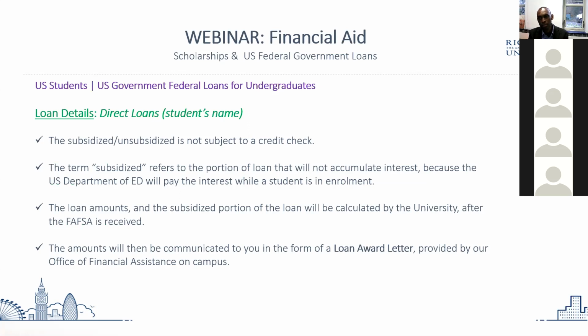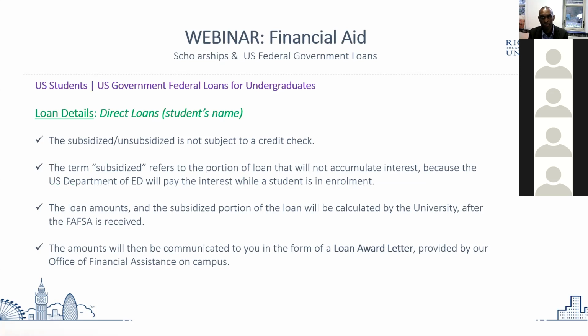Now, when the federal government is using the term subsidized or unsubsidized, it basically means that there's a portion of the loan that does not accumulate interest. You don't have to pay the interest on that portion of the loan. So whilst you are enrolled in university, the government pays the interest of that portion.